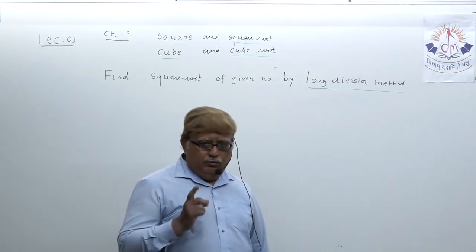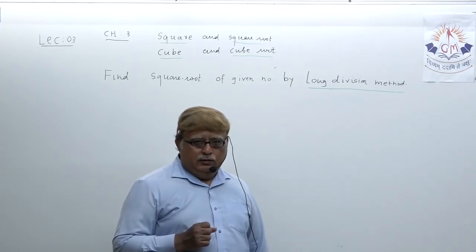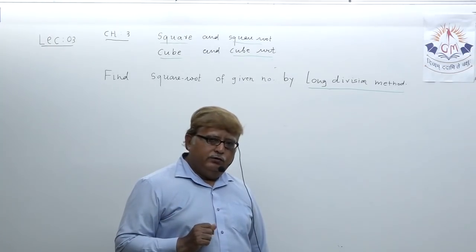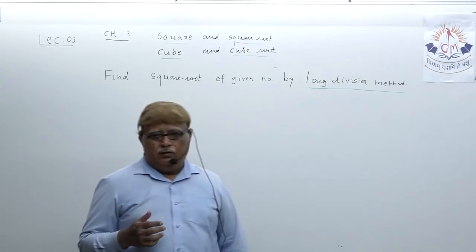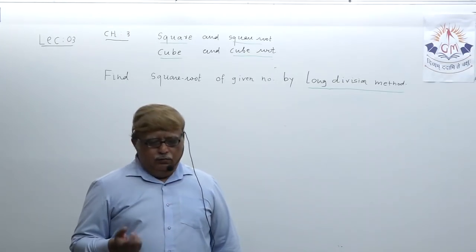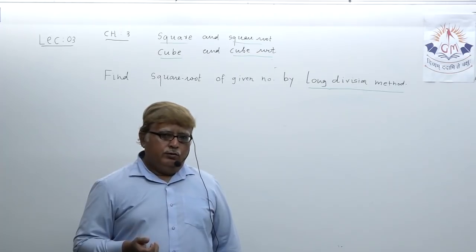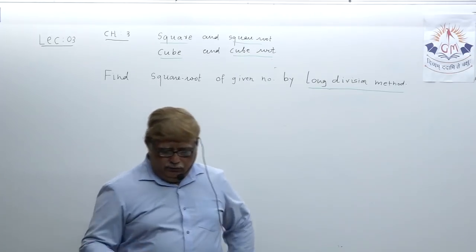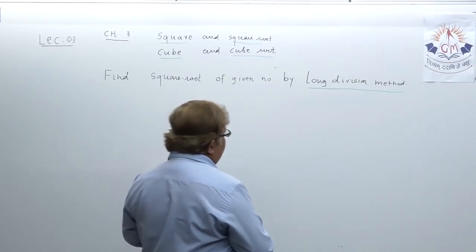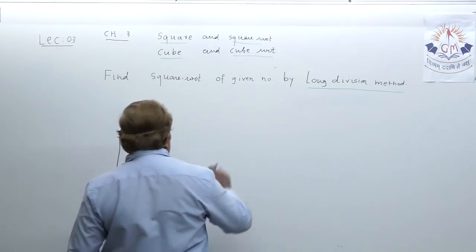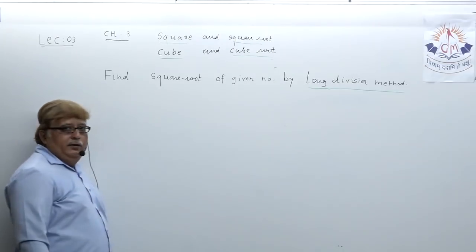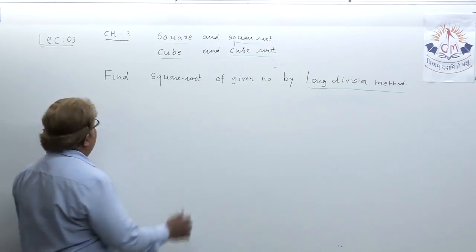Why? Though you know the square root of that, to make first your concept clear regarding this method, and then you can go for any unknown number whose square root you don't know and you will try to find. Okay, my dear students, so initially we will practice some simple examples. Okay, let us take one simple example first.